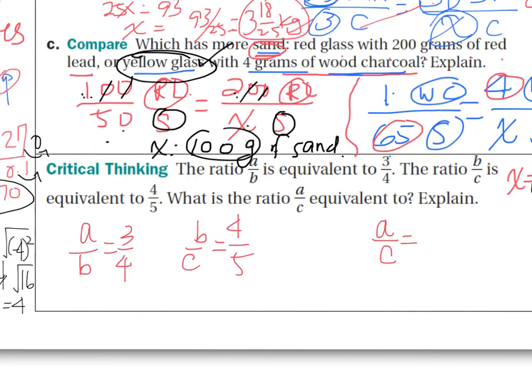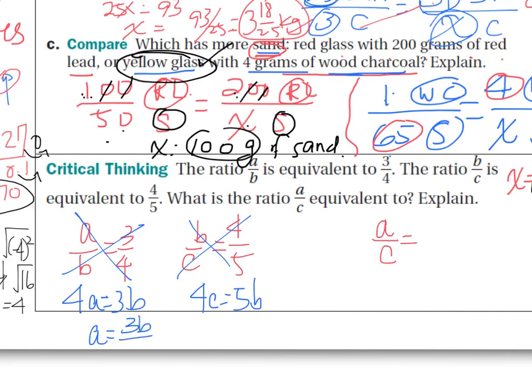Okay, so I'm going to take the cross product. 4A equals 3B. And then 4C equals 5B. And then I'm going to rewrite this ratio as A equals 3B over 4.